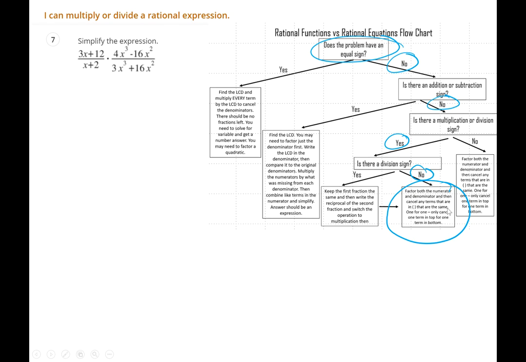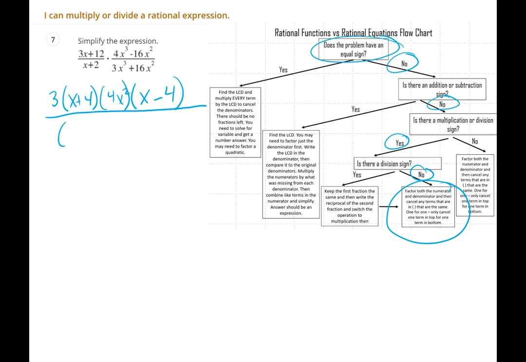Okay, so let's do our factoring. So I'm just going to put it over one long division bar. So what is the greatest common factor here? It's a 3. And I'm left with x plus 4. Looking for the greatest common factor here, and it looks like 4x squared. And I am left with x minus 4.